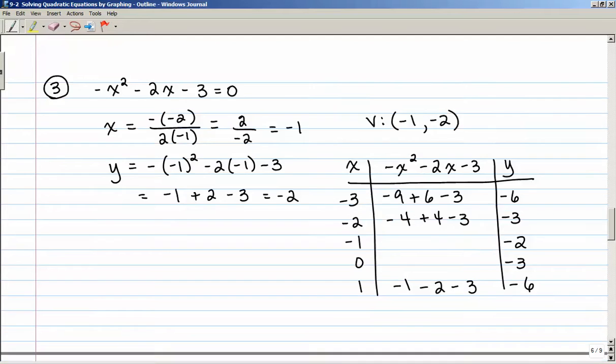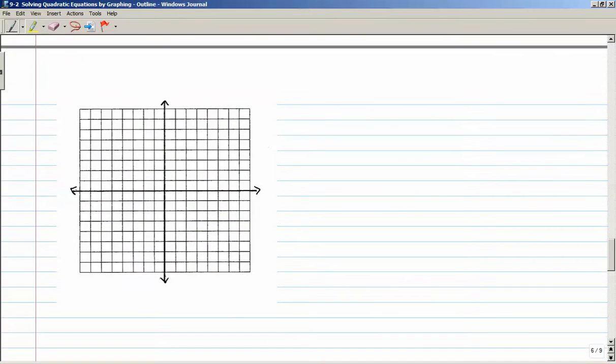Let's graph those points. So I have negative 3, negative 6, negative 2, negative 3, negative 1, negative 2, 0, negative 3, and 1, negative 6.